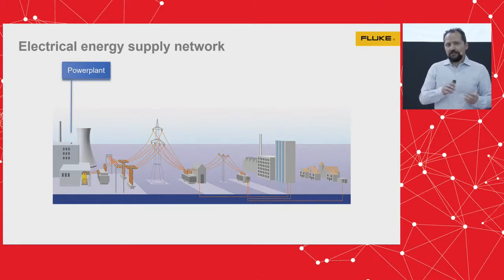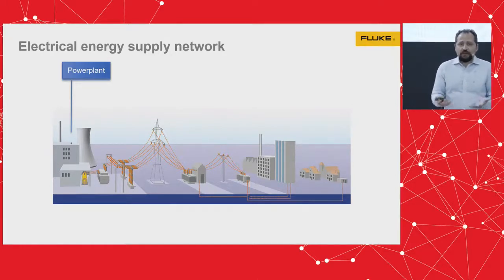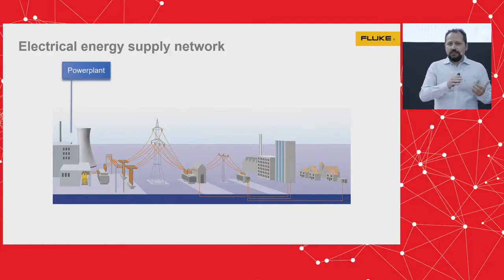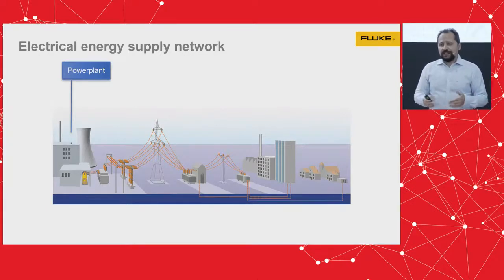In order to do that, utilities and power supply companies, to reduce the transmission costs and at the same time reduce energy losses, first increase the voltage of the signal to over 100 kilovolts, high voltage, generally speaking, so that we can transport that energy minimizing the energy losses, with thinner cables, minimizing costs as well.